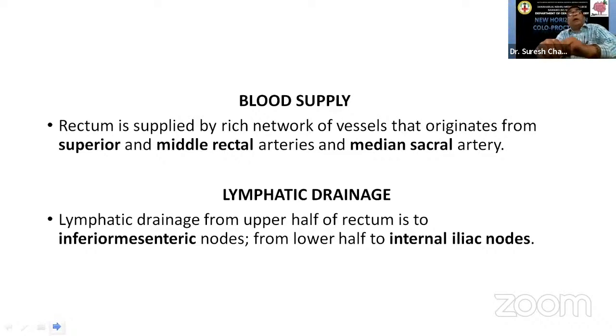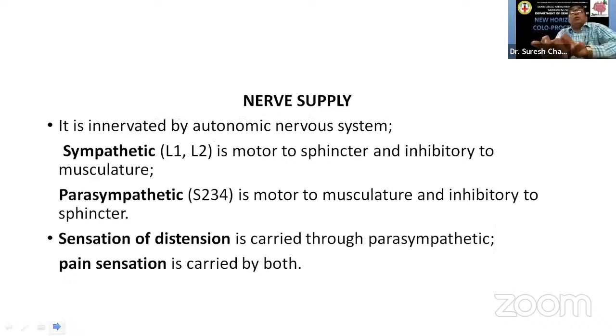The rectum is supplied by a rich network of vessels that originate from the superior and middle rectal arteries and the median sacral artery, which is a direct branch of the abdominal aorta. Lymphatic drainage from the upper half of the rectum is to the inferior mesenteric nodes, from the lower half to the internal iliac nodes.